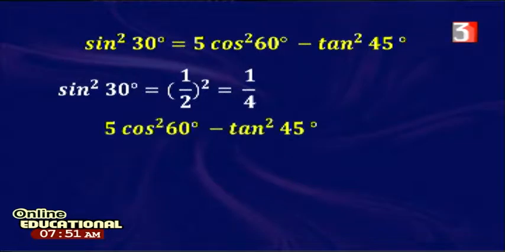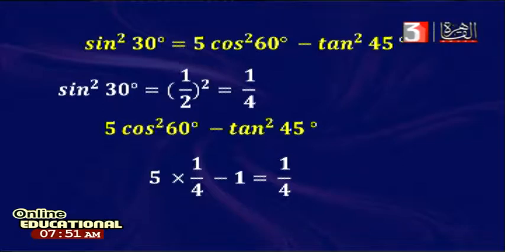What about the other side? 5 cosine squared 60 degrees minus tan squared 45 degrees. Cosine 60 is 1 over 2, so it is 5 multiplied by 1 over 2 to the power of 2, which is 1 over 4, minus tan squared 45, which is equal to 1. You are going to find a result of 1 over 4. By making a comparison, both sides have a result of 1 over 4.